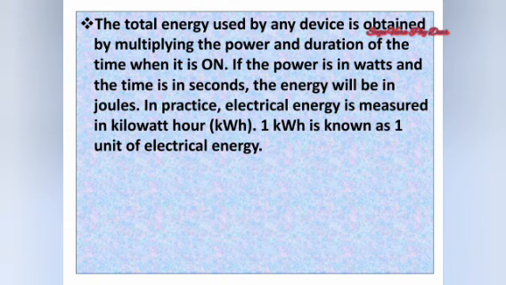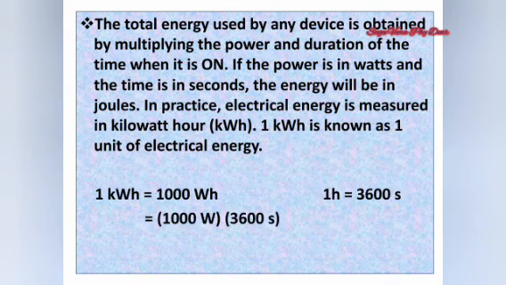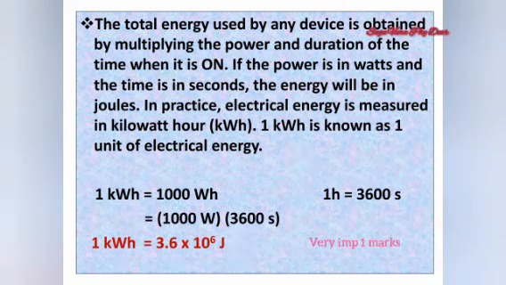In practice, electrical energy is measured in kilowatt hours. 1 kilowatt hour is known as 1 unit of electrical energy. 1 kilowatt hour equals 1000 watts for 3600 seconds, because 1 hour is 3600 seconds. So 1 kilowatt hour equals 3.6 into 10 to the power of 6 joules, in other form, 36 into 10 to the power of 5 joules.